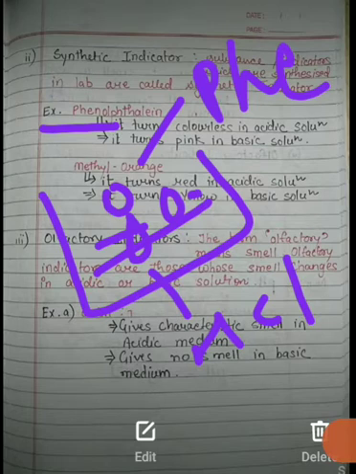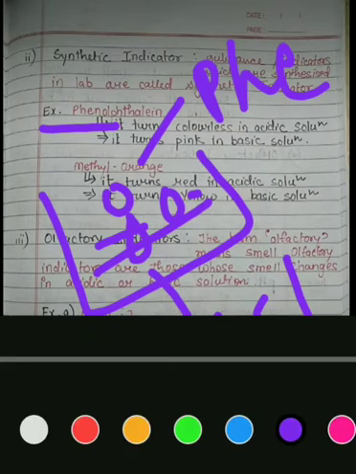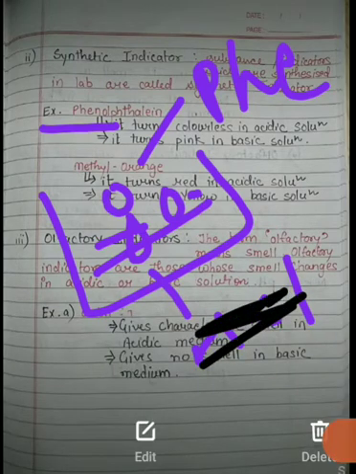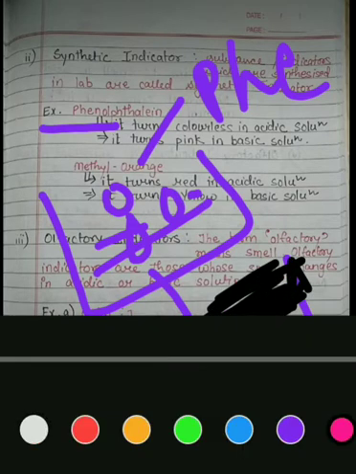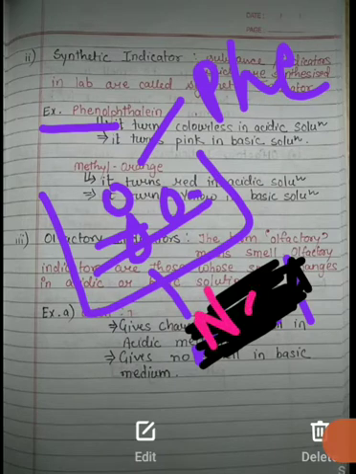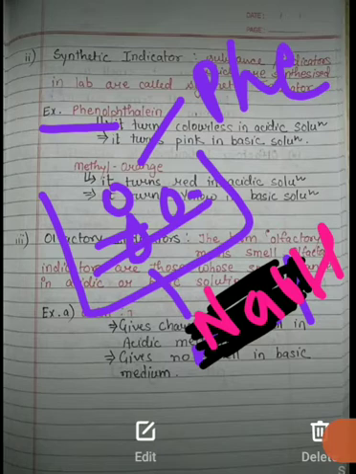And if we use a base, let me clean this. Suppose we are taking a basic solution, that is NaOH, okay? When we add about 3 to 4 drops of phenolphthalein, what happens? It turns pink in basic solution, that is, the solution becomes pink.